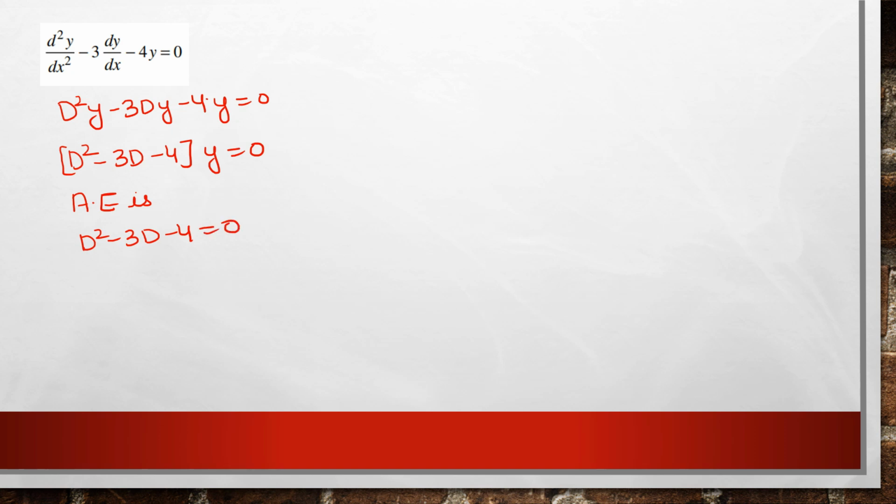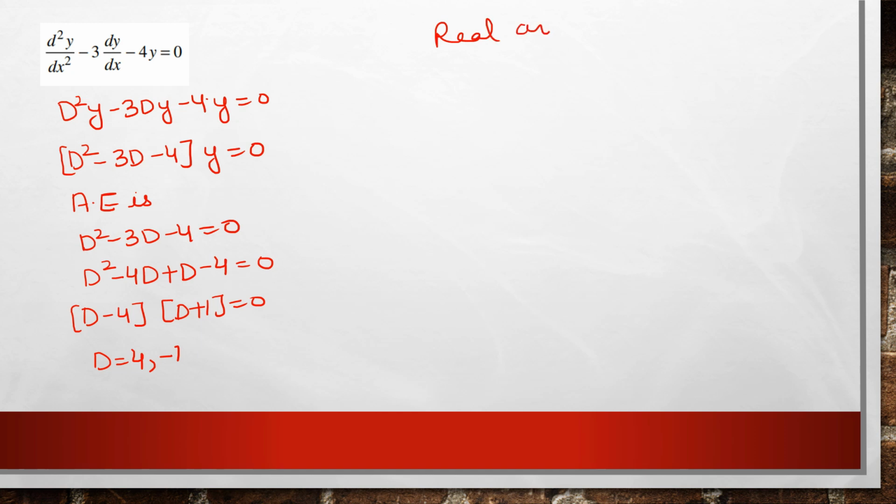So from here, what are the roots? Can I write this as D square minus 4D plus D minus 4 equal to 0? So what are the factors we get? (D minus 4)(D plus 1). So from here the roots will be 4 and minus 1. So this is real and distinct.